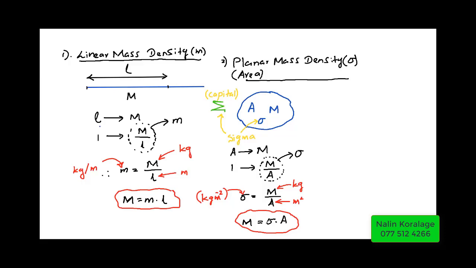It doesn't matter. Usually it's going to be the surface area in most of these applications. But you have to remember it can be either cross-sectional area or surface area, depending on what they give you. So we can just manipulate. Okay, so that's regarding the planar mass density.